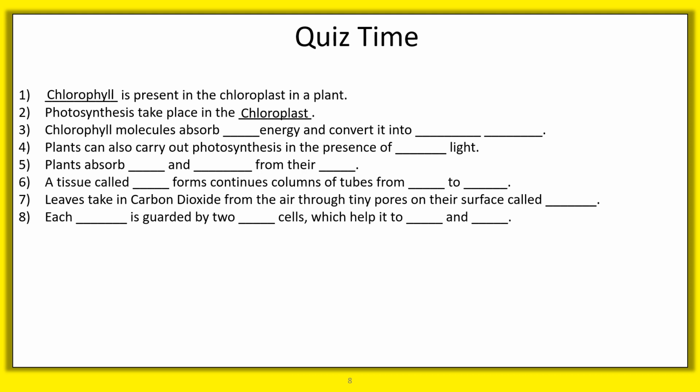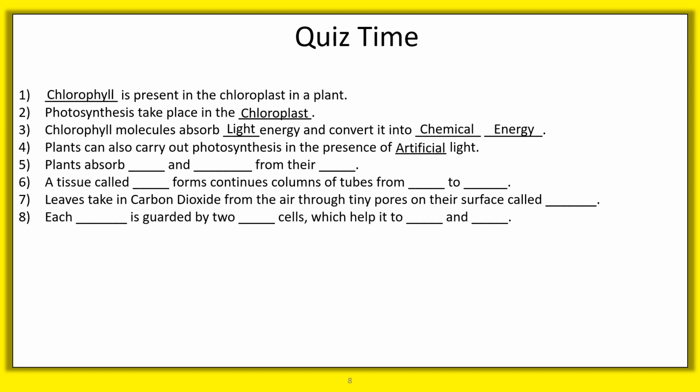The time to answer this question has ended and the answer is: chlorophyll molecules absorb light energy and convert it into chemical energy. Fourth, plants can also carry out photosynthesis in the presence of dash light. The answer to the question is artificial light.